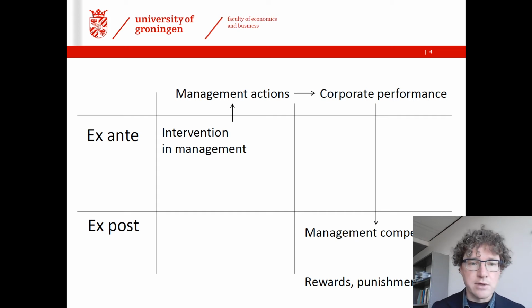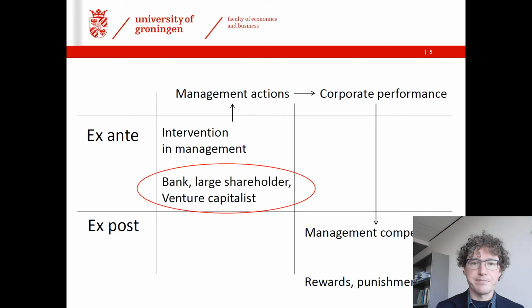If, on the other hand, you do ex post monitoring, so you take a picture of the firm ex post, after the effort choices of the management have been made, you look at what the effect of those actions of the manager were, and you implement some compensation scheme depending on the outcome that you can see, the information that you gather as an ex post monitor. So this consists of rewards and punishments, basically.